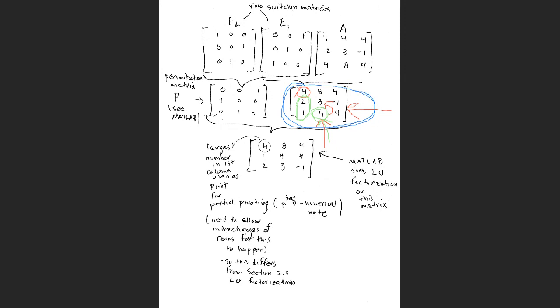The elementary matrix to interchange rows 2 and 3 is right here. That's the elementary matrix E2.